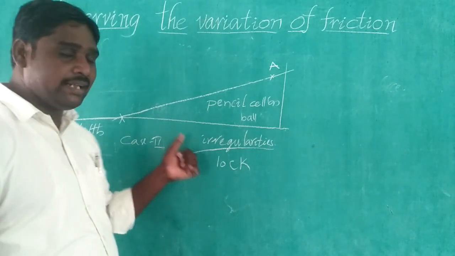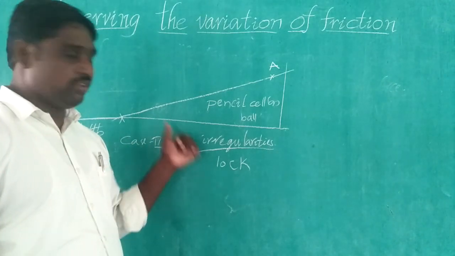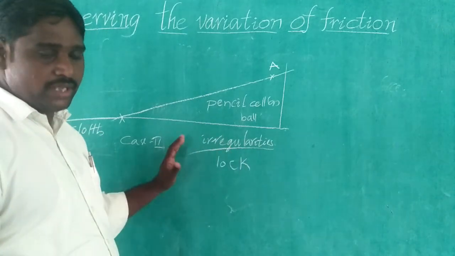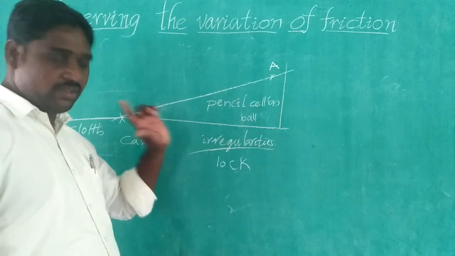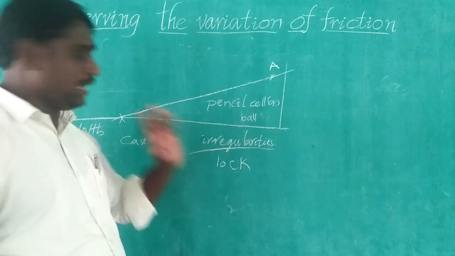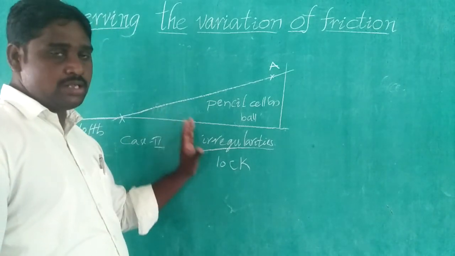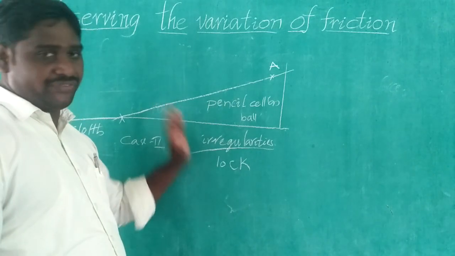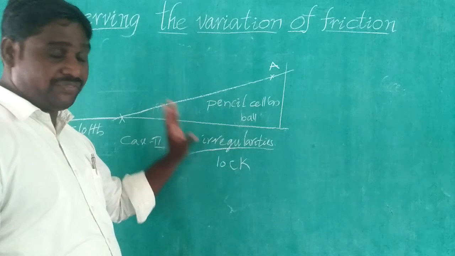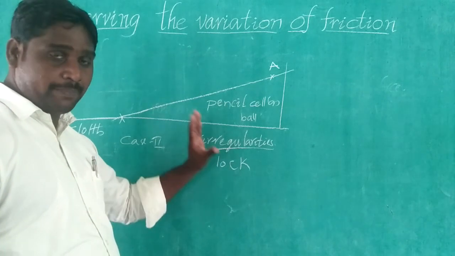So, if the irregularities increase, the frictional force is greater. Understand? The frictional force is greater when the irregularities are more. These irregularities decide the force of friction. If irregularities on the surfaces of both bodies increase, what happens?